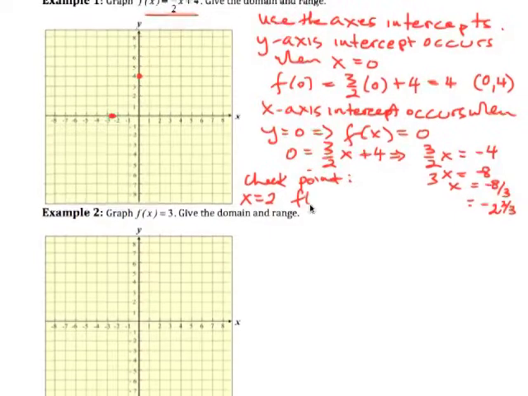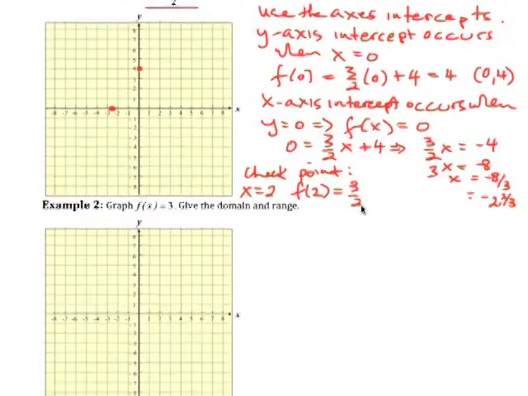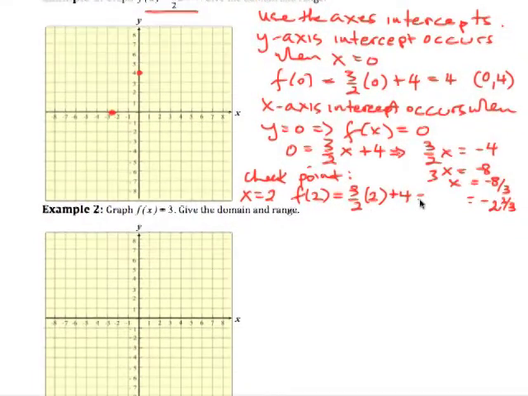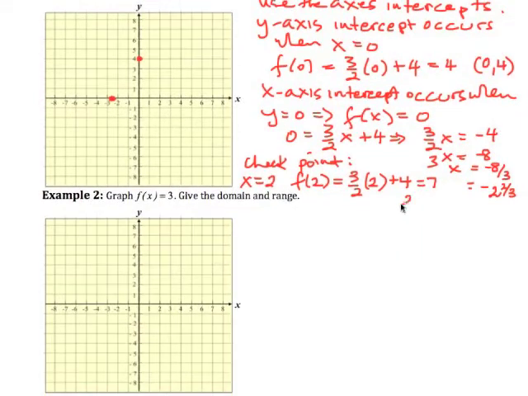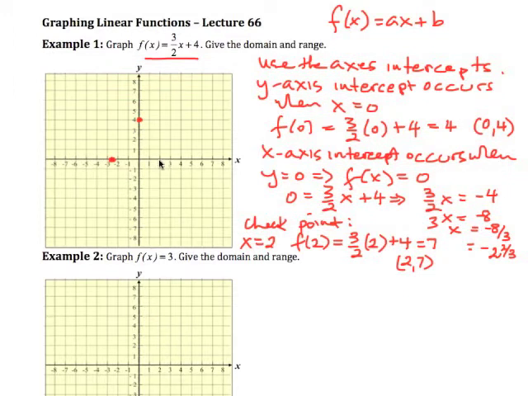Then f of 2 is equal to 3 on 2 times 2 plus 4, so the 2 goes, and I get 7. So the point I have is (2, 7). There's our checkpoint, and so we can now draw our line, like so. And there's a quick way to graph a linear function.